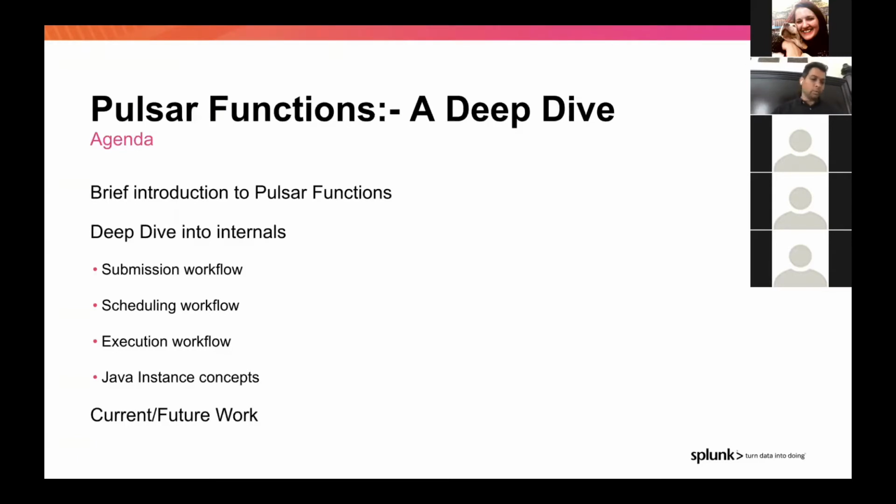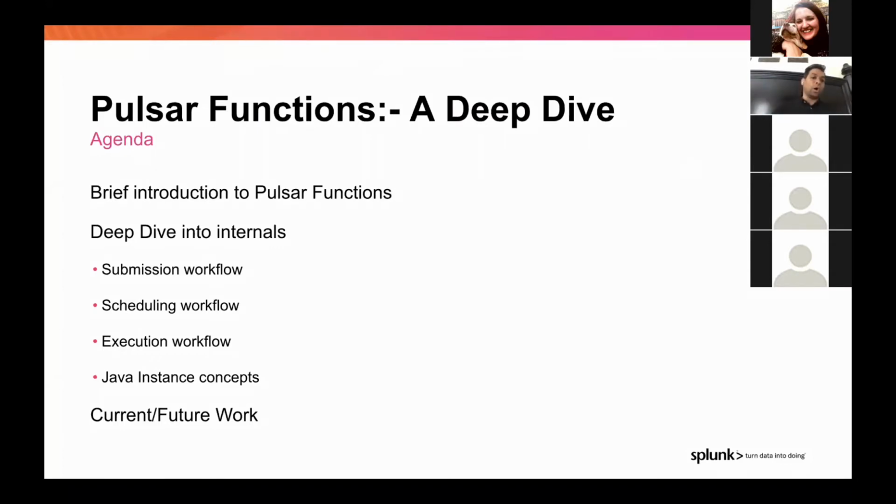And we'll do a little bit of a segue into Java instance in particular. Java instance is Pulsar Functions for Java. It's interesting because it was the first one to be developed, and it usually is ahead of all other languages. And the framework of Java instance is also used by a bunch of different ancillary Pulsar projects, specifically Pulsar IO.